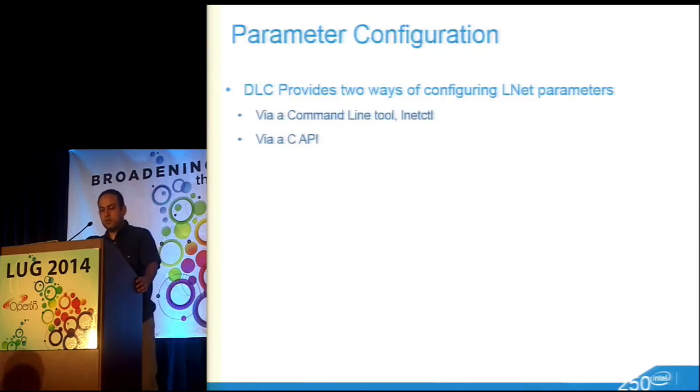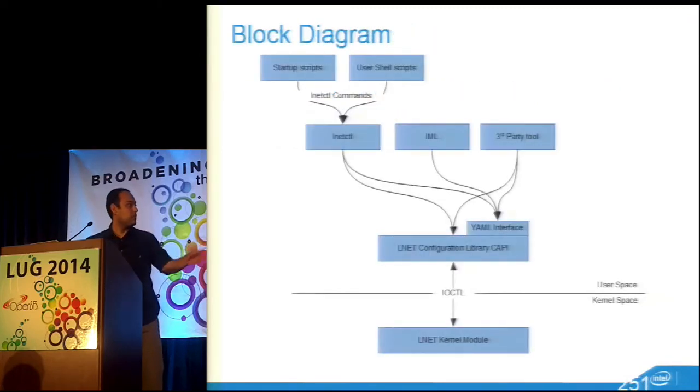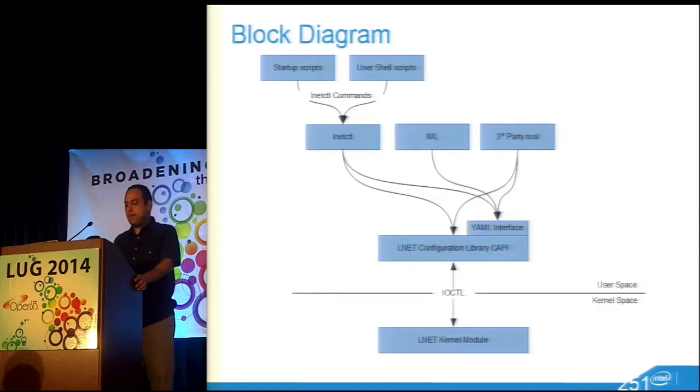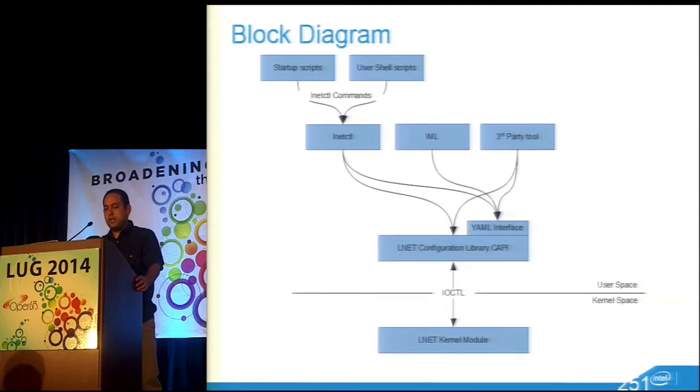So here's a quick block diagram to show how all the bits and pieces fit together. At the top, you have your startup scripts, your shell scripts. They can call LNET control on the right-hand side. And LNET control uses the LNET config library API as its infrastructure. Also, other tools can use the library, like for example, our IML tool, or another third-party tool.